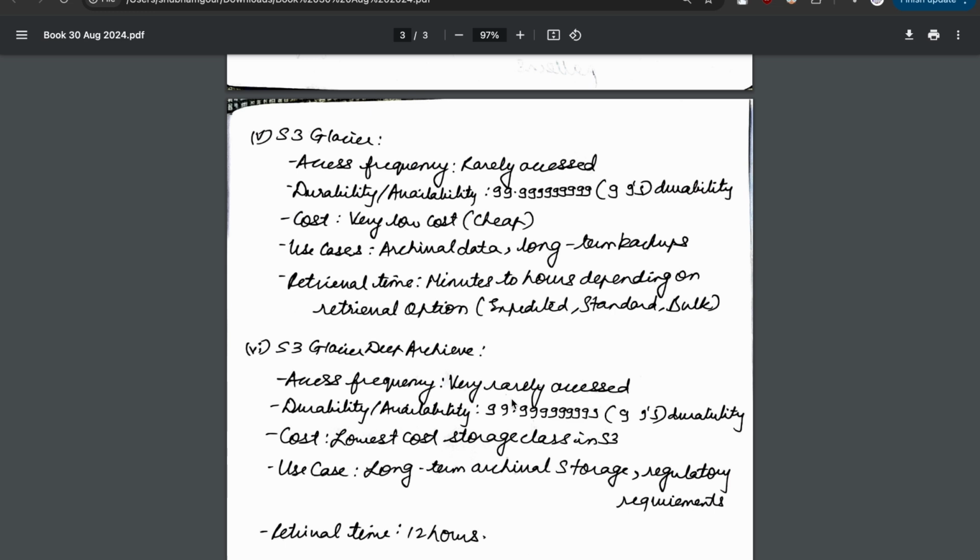When it comes to cost saving, since we are accessing the data rarely, the cost is very low compared to the other storage classes. Retrieval of archival data takes nearly a minute to hours, based upon the data we have. The use case is archival and long-term backup.